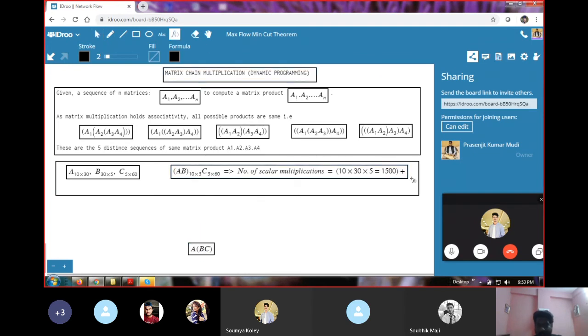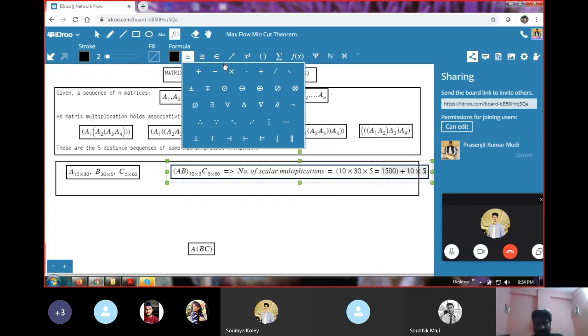At this moment, AB is multiplied with C, so 10 into 5 into 60.